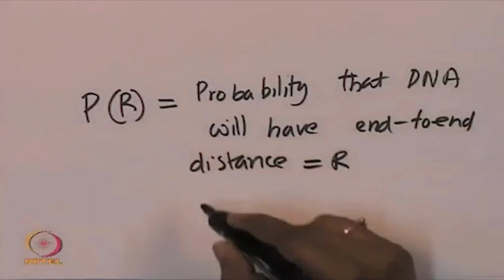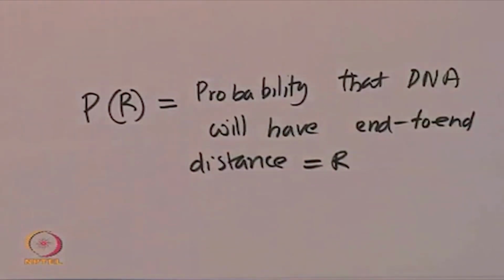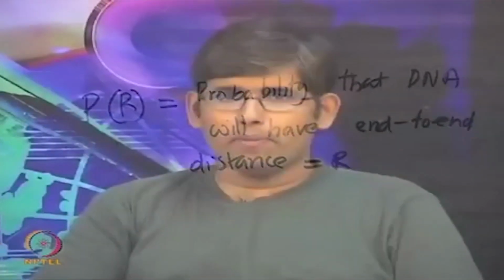So, what is the probability that two parts of the DNA or protein will be r distance apart? Even in the case of protein this is very important. By calculating this, one can learn something about the shape of the protein, and the shape of the protein decides the function of the protein. This can be calculated by calculating the energy, then the partition function, and then using the formula to calculate the probability.